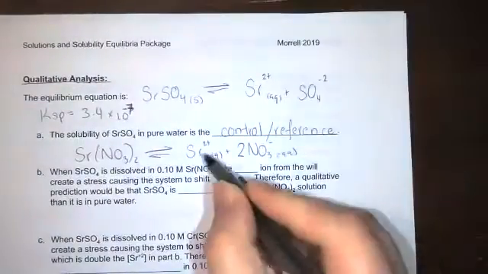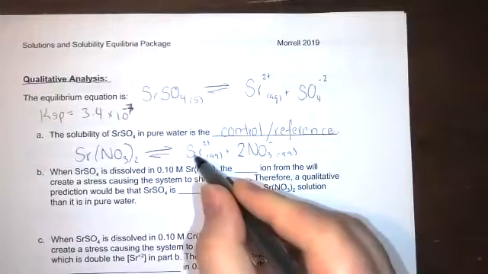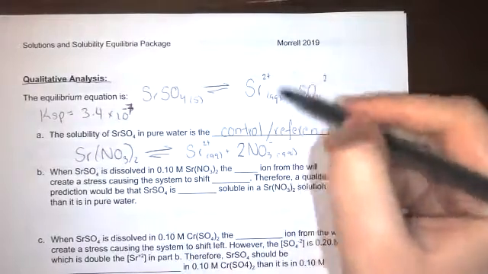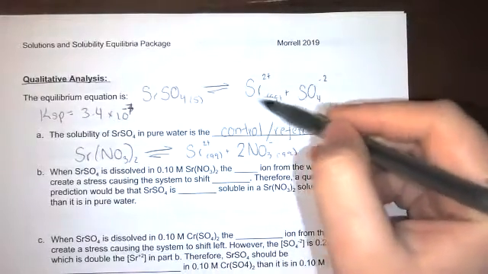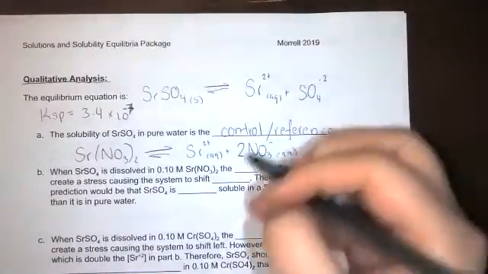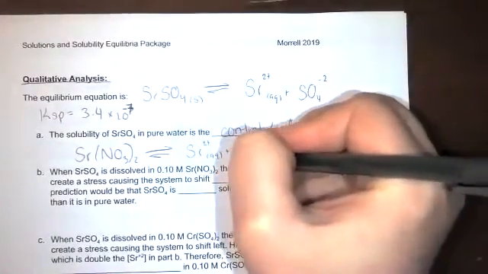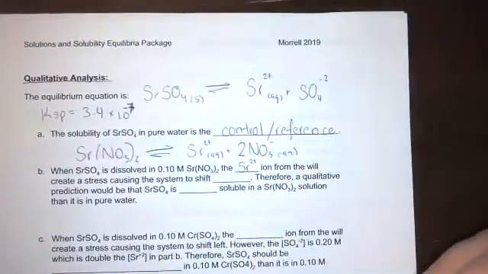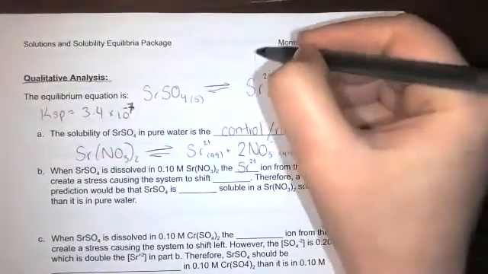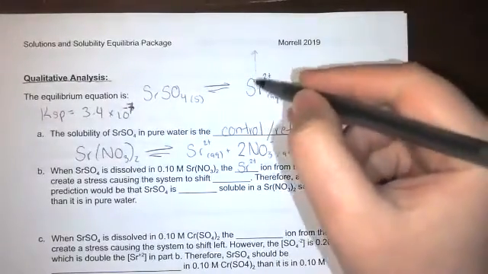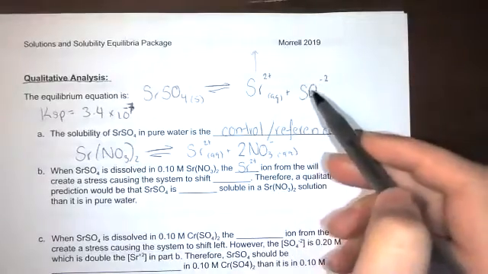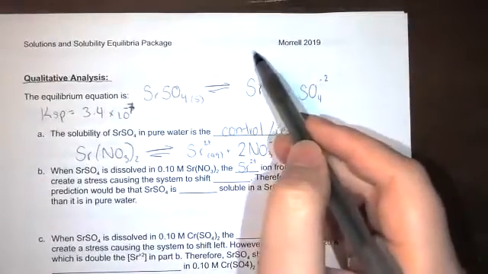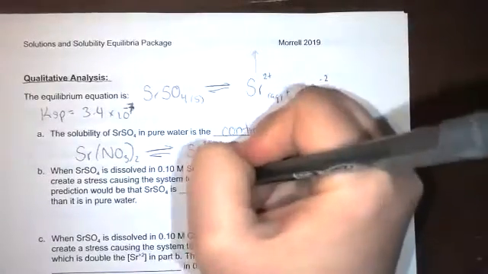So therefore, I'm already going to have strontium in solution, so this is going to add an increase to my strontium ion above. So here my strontium ion will be the stress. If I'm increasing my strontium ion concentration up here in this equilibrium, this is going to cause my equilibrium to shift to the left.